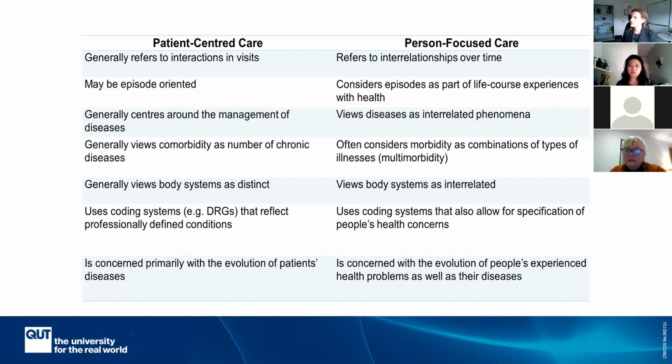So understanding people's experience of health, considering morbidity or multi-morbidity as combinations of types of illnesses, viewing body systems as interrelated, using coding systems that don't just reflect diagnoses but actually allow for specification of people's health concerns, so what matters to them, and integrating and considering the lived experience of health and illness rather than just disease that needs to be fixed. So have a reflect on that slide.